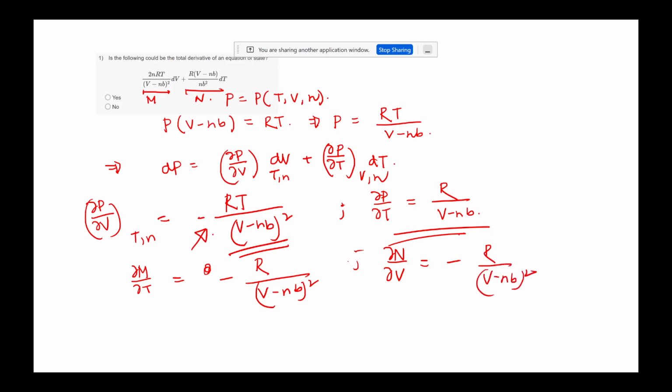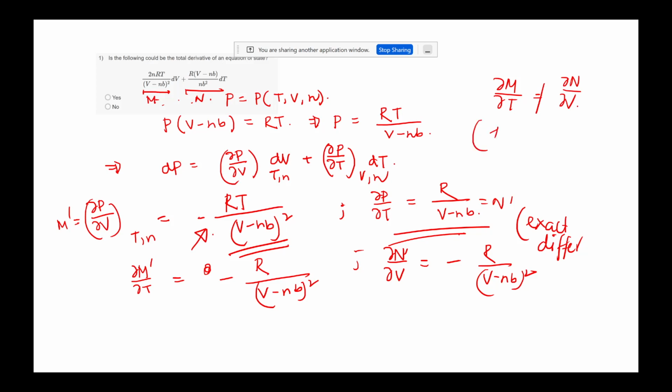So these are exact differentials, right? But if you do this, let's say I'm calling them M prime and N prime, then del M prime del T is not equal to del N prime del V, right?